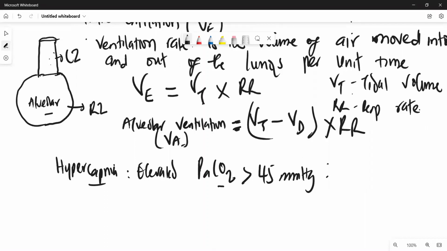So in this case, the pH will be less than 7.35. That will be the definition of our hypercapnic respiratory failure: elevated PaCO2, more than 45 with pH less than 7.35.